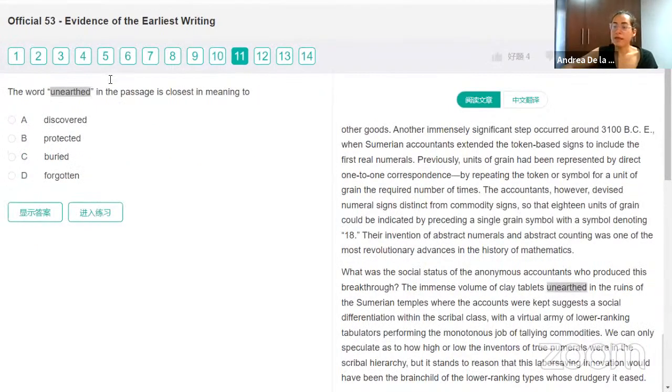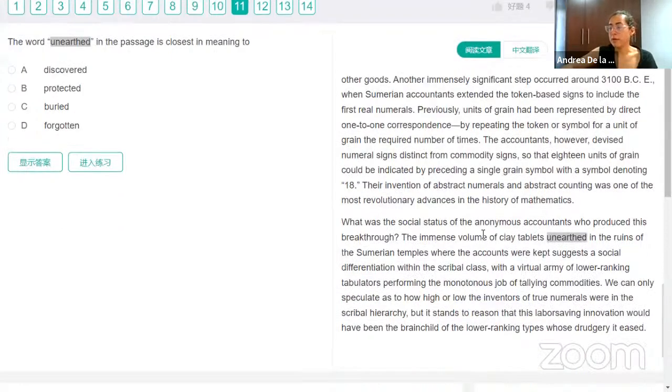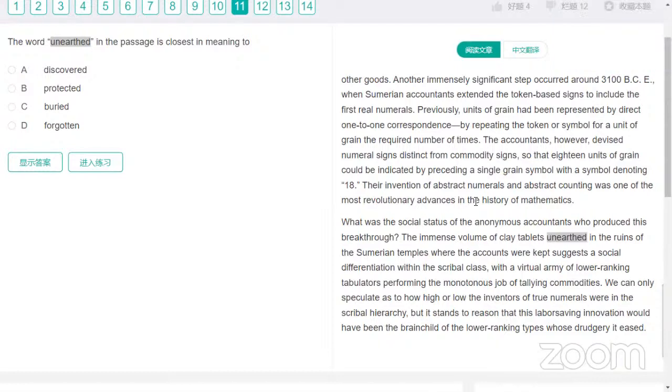Bien. The word unearthed in the passage is closest in meaning to, vocabulary question, unearthed. Discovered?